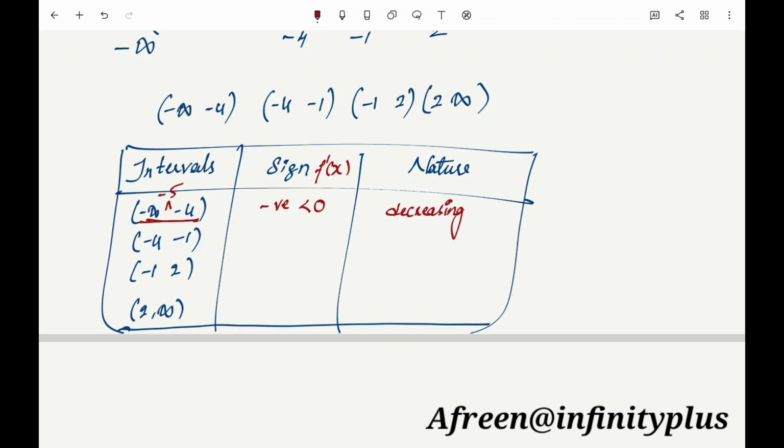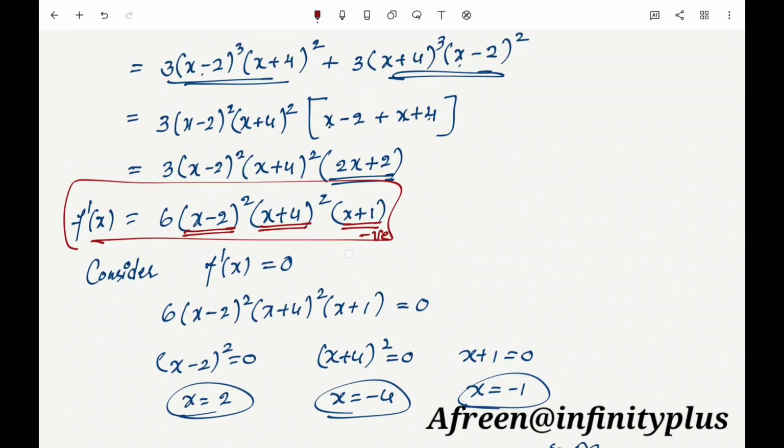Next, let's check another interval. Here you have the interval -4 to -1, and I will take any reference point in the middle, say x is equal to -2. If you substitute x is equal to -2, you can observe that this one will be positive, as you have a square here.